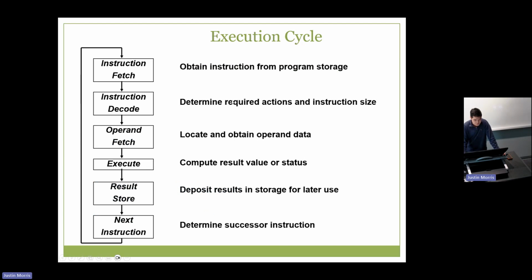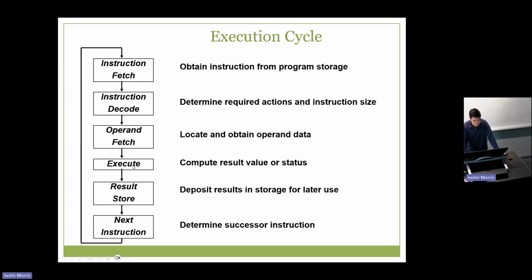So here is our execution cycle. First, obtaining the instruction from the program source. So instruction fetch. Then we're going to decode the instruction to determine the required actions, right? And then we're going to grab the operands that the instruction told us to grab from the register file, and perform our instruction, whether it's going to be add, subtract, or calculating the base address plus the immediate offset.